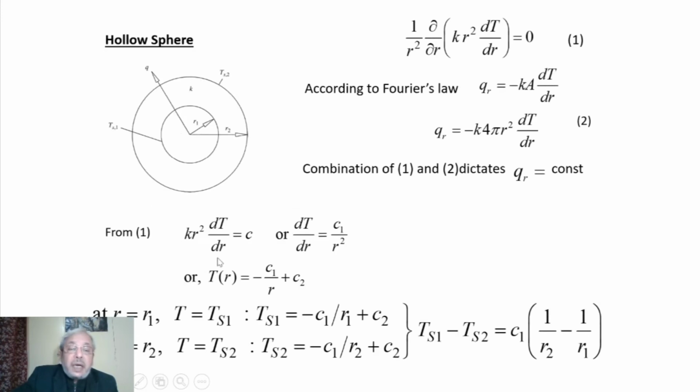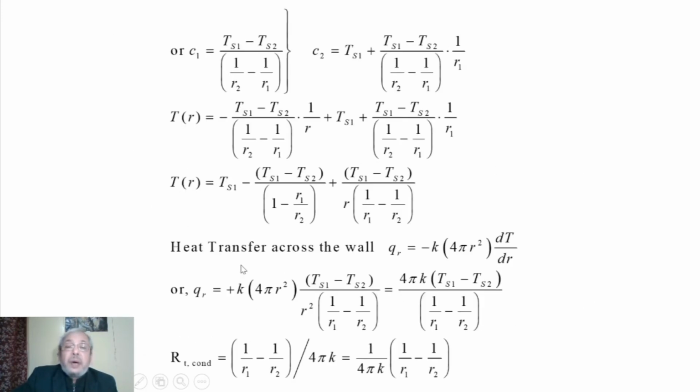That means T of R: we have already found the expressions for C1 and C2, and T of R equals minus C1 into 1 by R plus C2. So T of R becomes TS1.